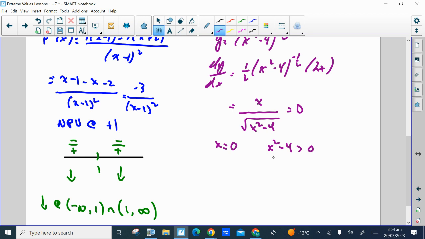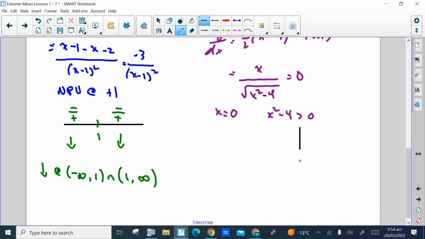So this is a quadratic that opens upwards. It's the graph of y equals x squared shifted down 4 units. And if you set x squared minus 4 equal to 0 to find out where the x-intercepts are, they are at plus and minus 2.